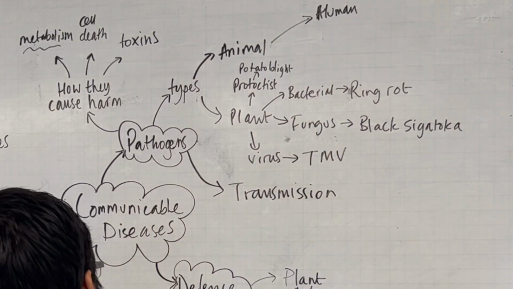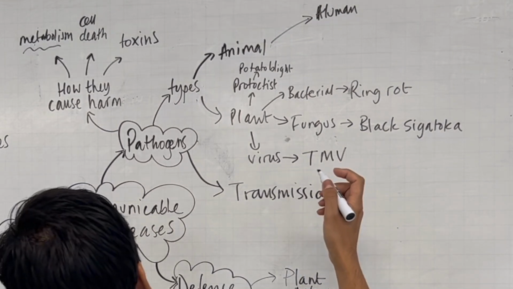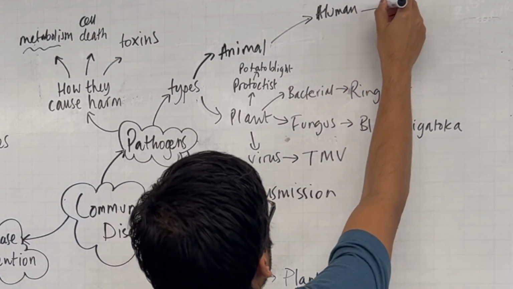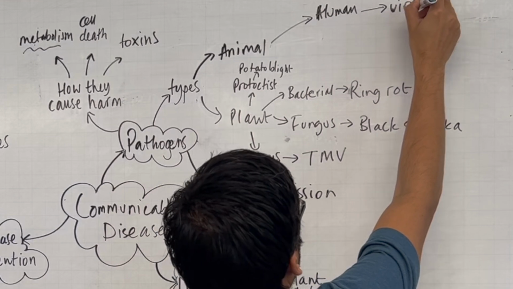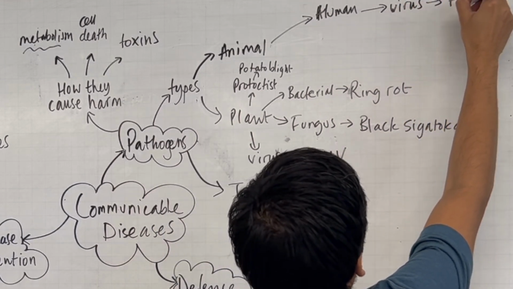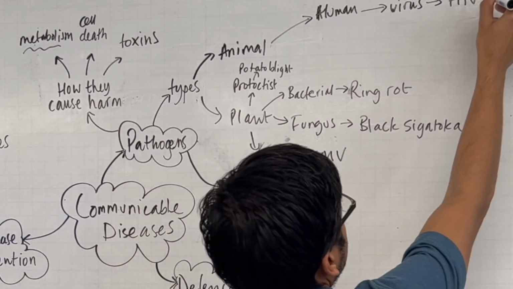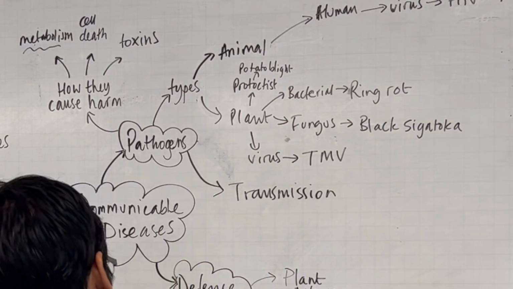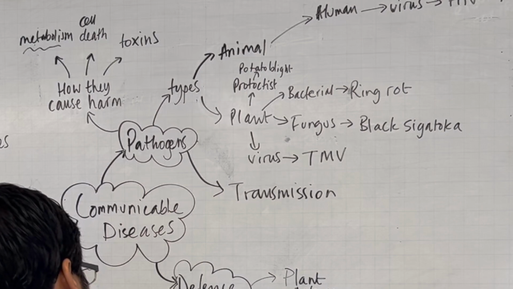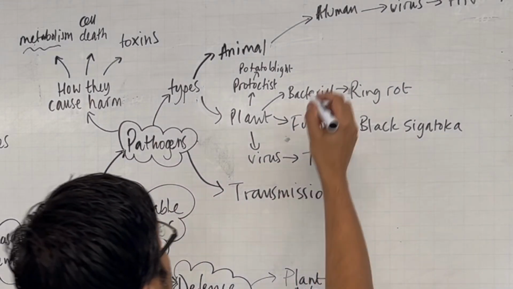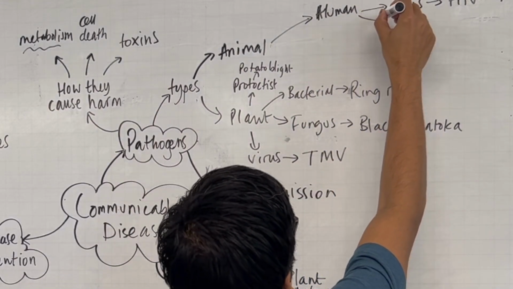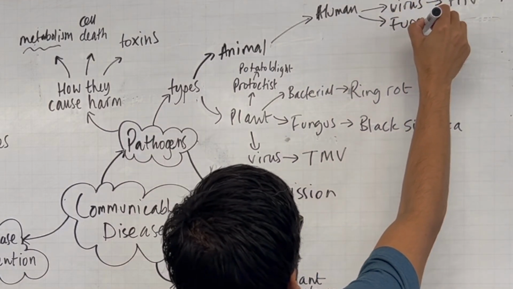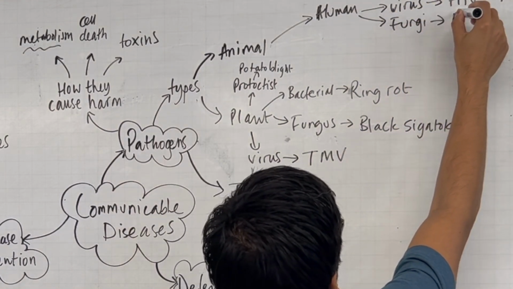Okay, so that's how we'll do it. So in terms of the human specific ones, we have a virus, right, which is HIV, and that causes AIDS. All right, and we then have fungus or fungi, and that one is athlete's foot.